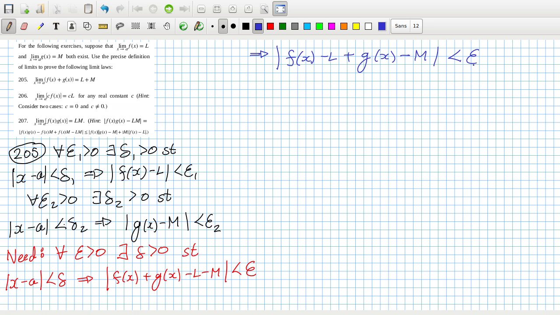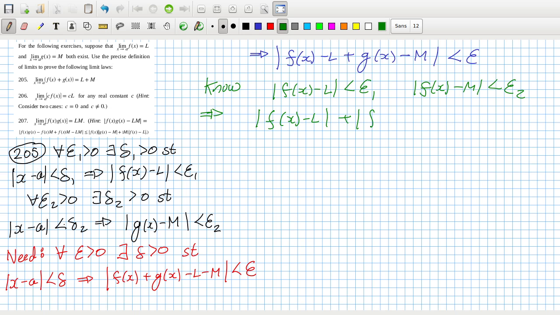Okay, so we know that |f(x) minus L| is less than epsilon 1 and |g(x) minus m| is less than epsilon 2. So if I add them together, |f(x) minus L| plus |g(x) minus m| is less than epsilon 1 plus epsilon 2.